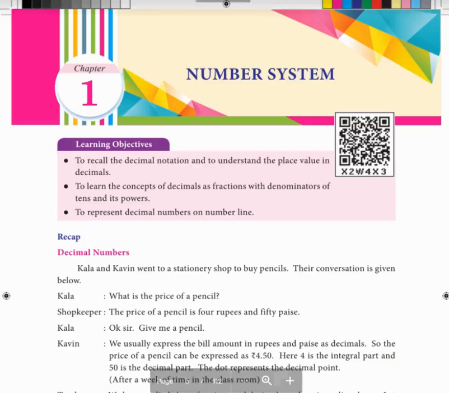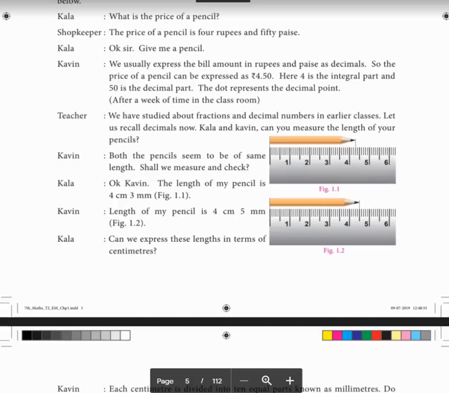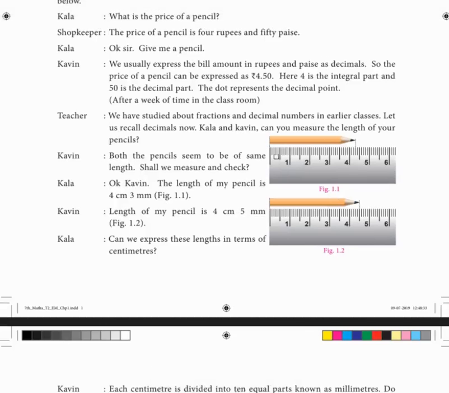Before we start this, let us learn what is meant by a decimal number. Look at this diagram, children. Here is a conversation between a teacher and a boy. The teacher is asking the boy to measure this pencil's length, right?